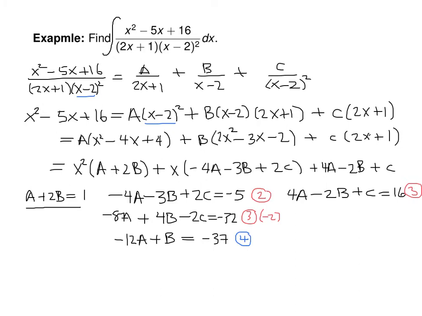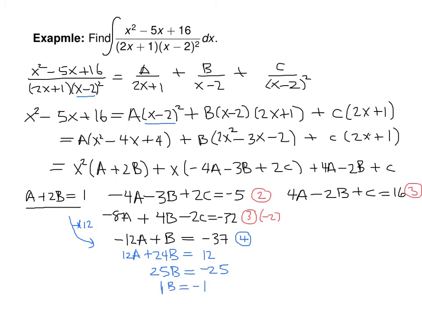Now I'll take the first equation, and I'm going to choose to get rid of the a's. And if I multiply this by 12, when I add it to this equation, stuff will cancel. So that will be 12a plus 24b is equal to 12, or 25b equals negative 25, and you get b equals negative 1.